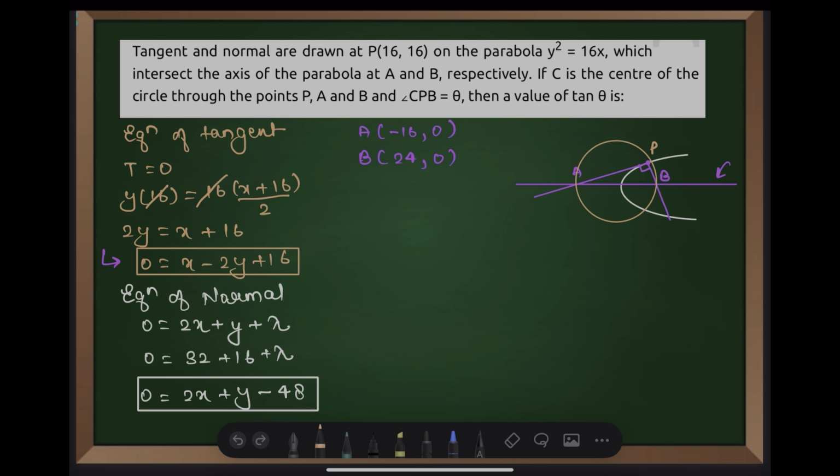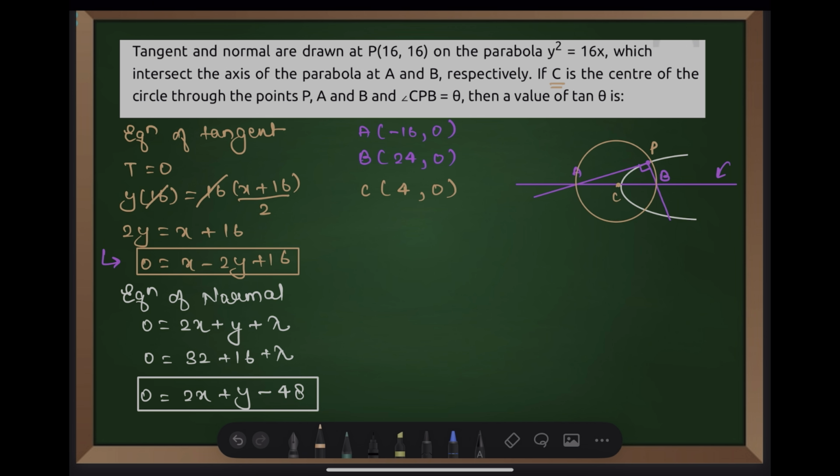So AB is the diameter. So can you please tell me C? C is the center of the circle, and the midpoint of the diameter is the center. If you add x1 plus x2 by 2, it will become 8, 8 by 2 will become 4. So it is 4 comma 0. This means you got the center.